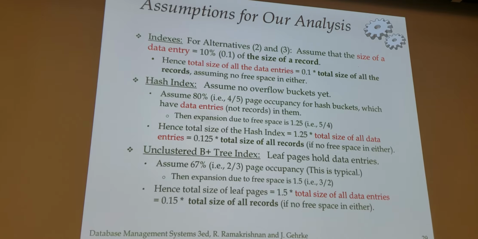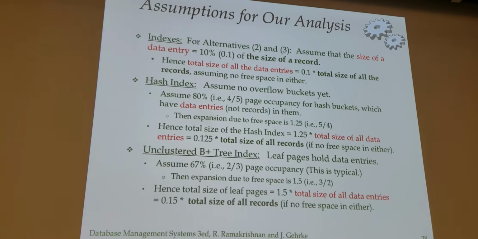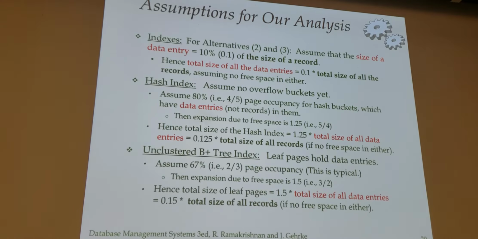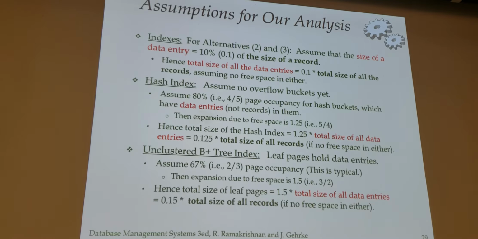And 1.5 times the total size if there were no free space just for the data entries is going to be the same as 1.5 times 0.1 times the size of the data records. Remember, the size of the data entries is, per the thing on top, 1/10 of the size of the records.